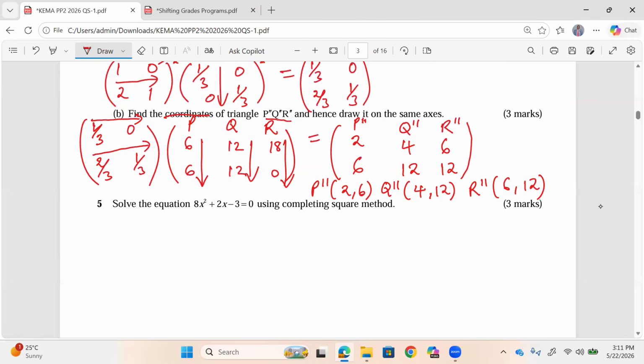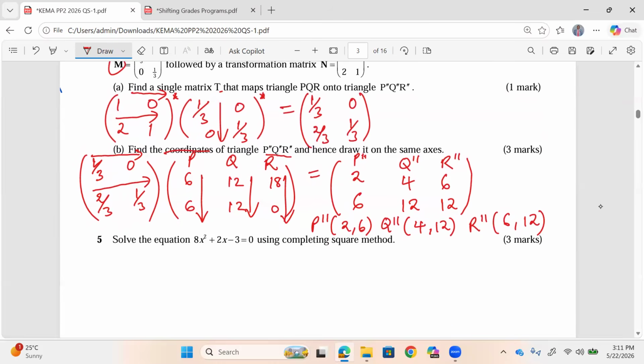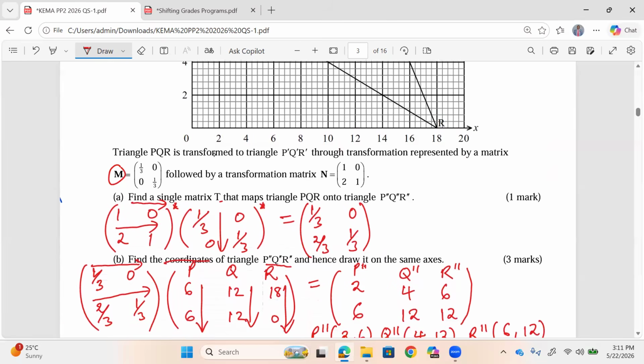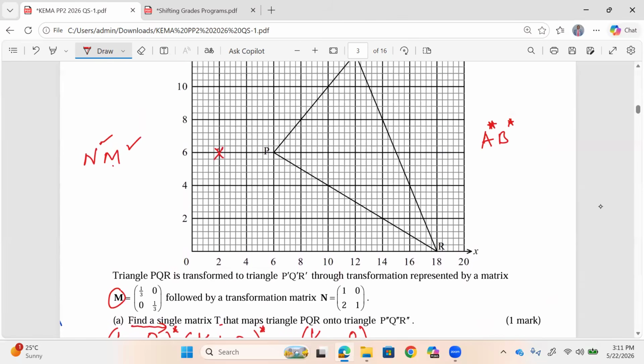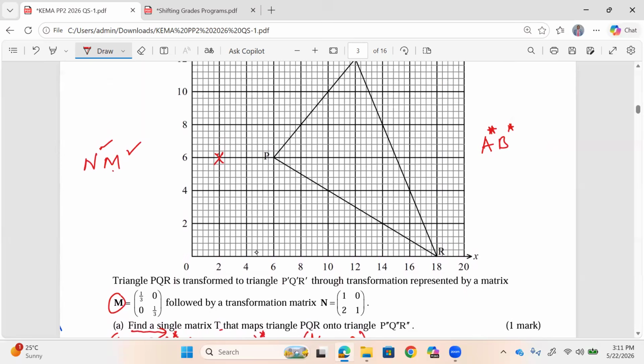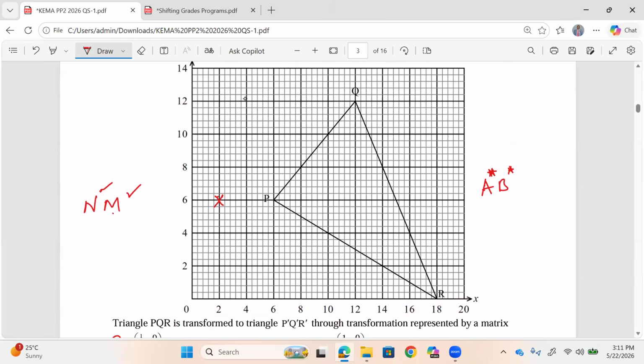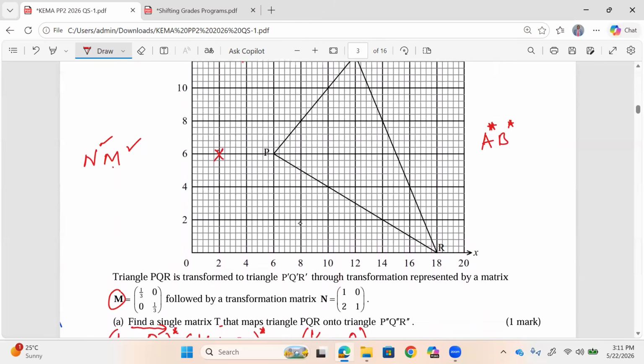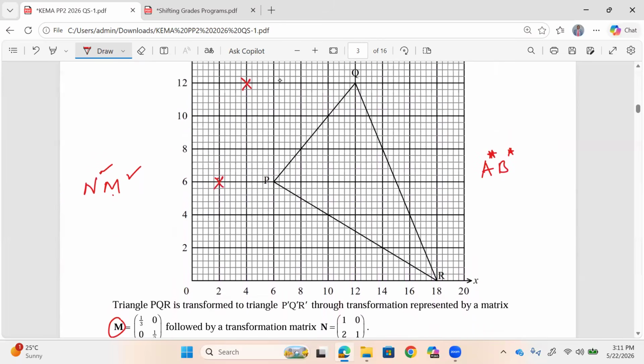And now we can advance to plot. Start with (2, 6). That is the coordinate. We proceed to (4, 12). Then lastly, we have (6, 12).